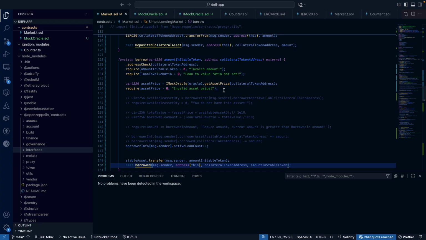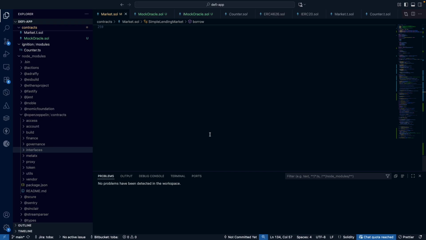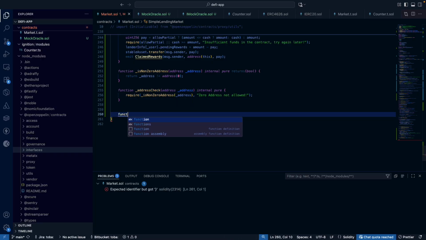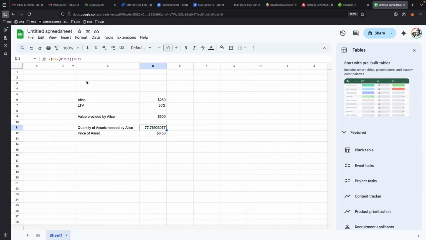So let's begin. The very first thing I think we should do is write a view function. The function is called estimate. So we want to estimate this amount, this value provided by Alice.